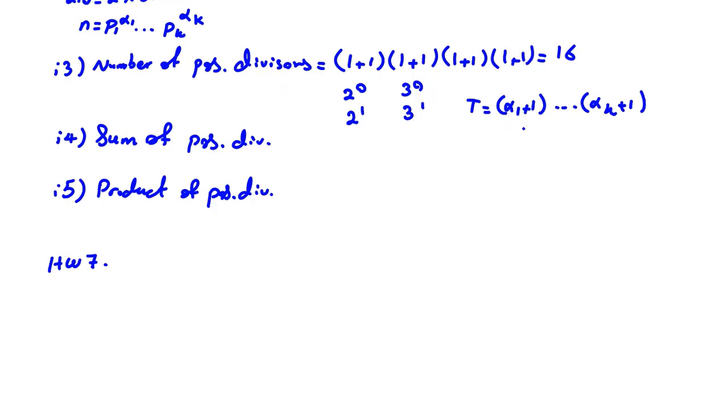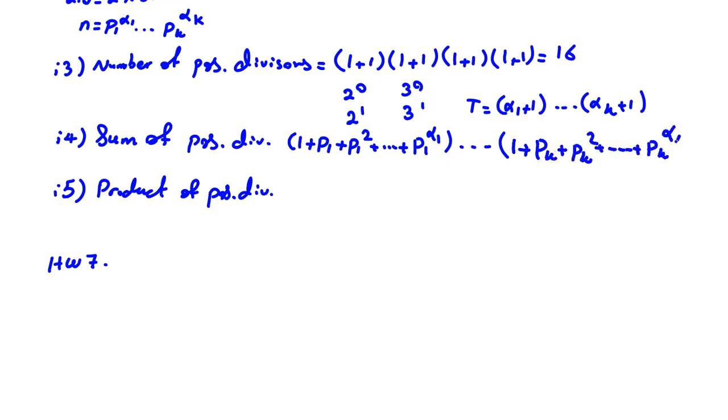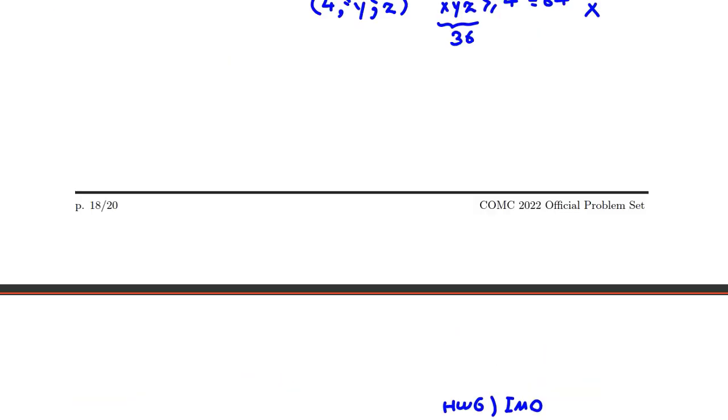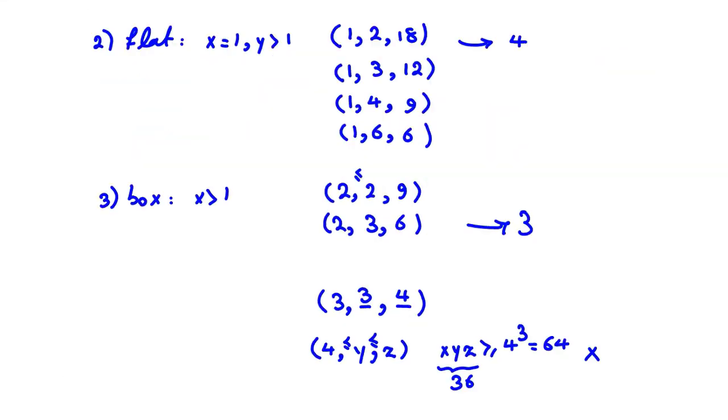Consider 1, p1, p1 squared, p1 cubed, up to p1^alpha1. The sum of positive divisors is 1 + p1 + p1 squared up to p1^alpha1, and you can write it up to 1 + pk + pk squared + up to pk^alphak. So you can also use these formulas for the homework I told you for Promise Summer Camp.